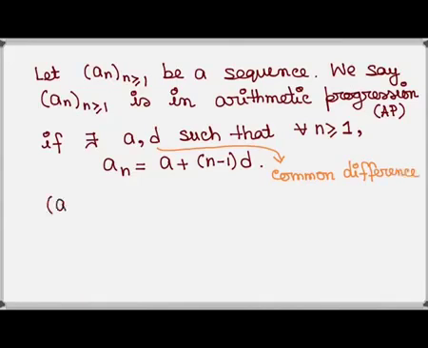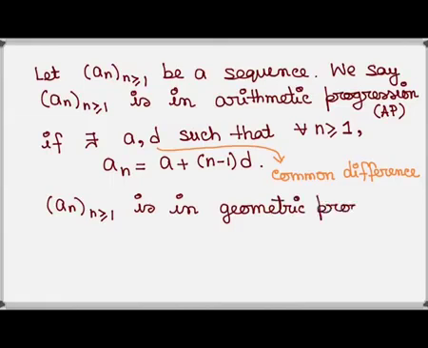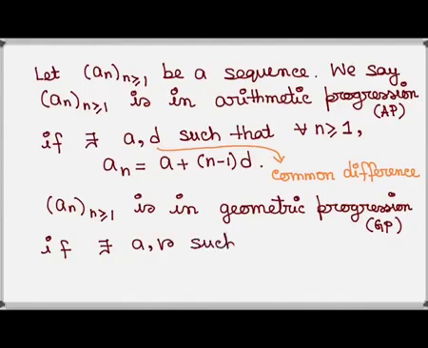We say this sequence a_n is in geometric progression, in short GP, if there exist a, r such that for all n bigger than or equal to 1 we have a_n is equal to a into r to the power n minus 1.